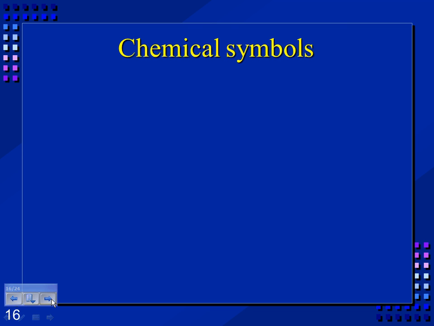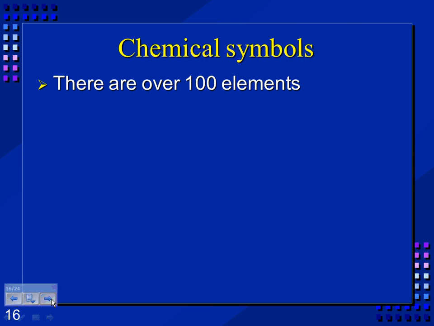But we're not going to memorize all of them. We're going to be looking at the common ones that we use. So just know, though, the fact is there are a lot more elements than just the ones we're going to be using in class. The periodic table of elements shows them to you, and depending on how updated it is, it will show you how many elements there are.